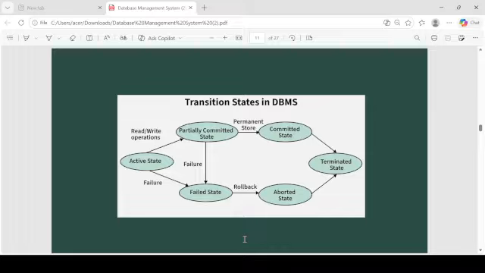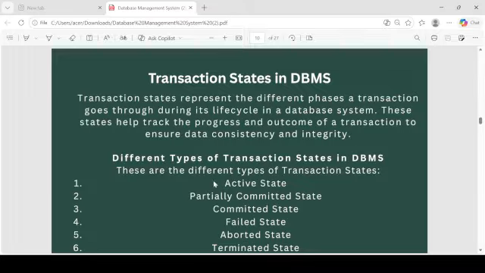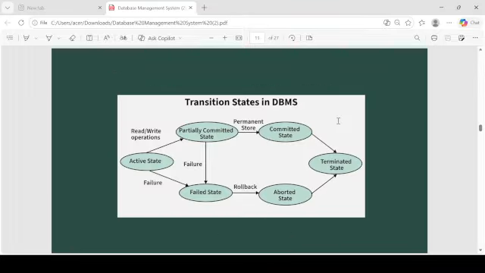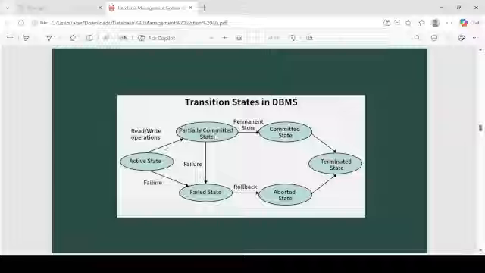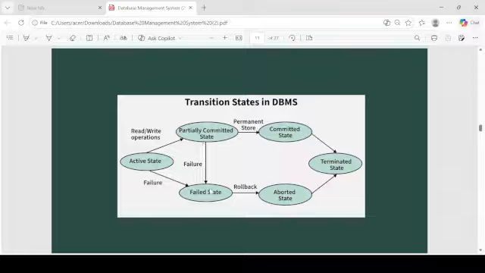So let's begin. This is the life cycle, as we study the life cycle of a database system, how the transaction occurs. Active state, partially committed state. When we read or write an operation, if there is a failure, we move to the failed state. If partially committed, we move to the partially committed state, and if there is a failure, we move to the failed state.